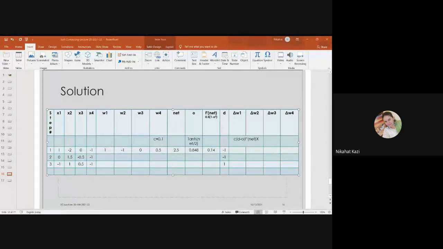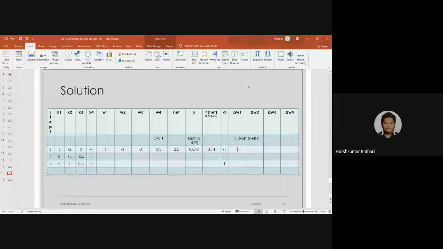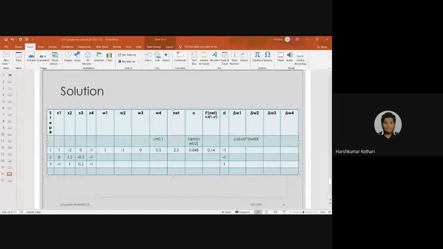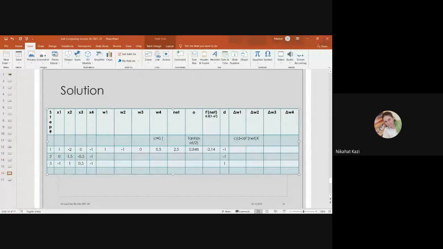0.1, 2.9, minus. Which one? C is 1, na? C is 0.1. I have mentioned it here.